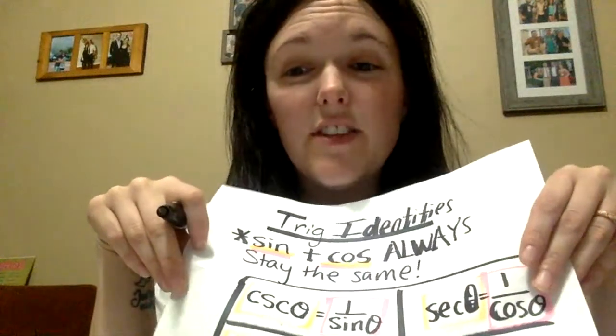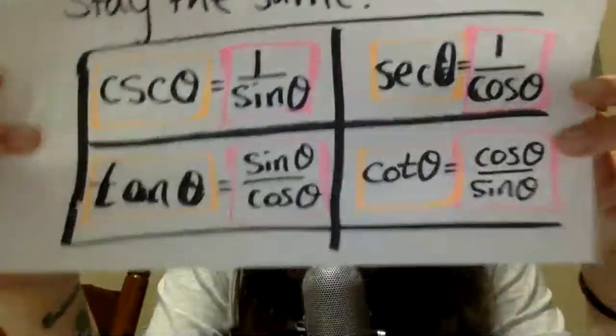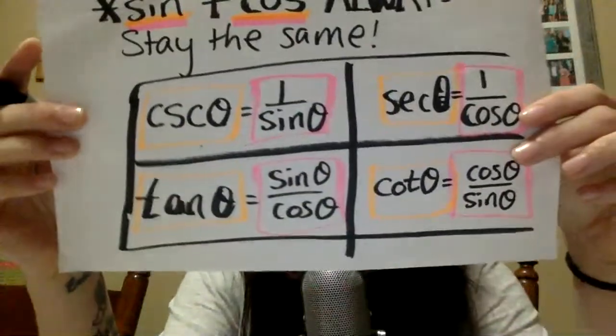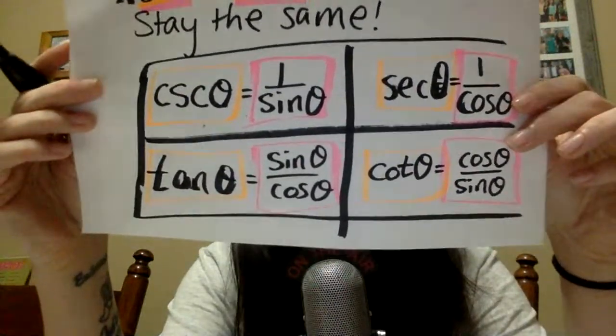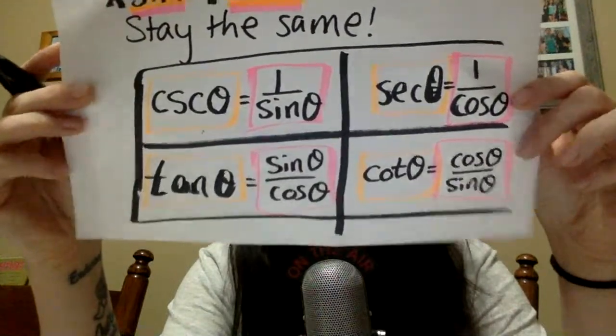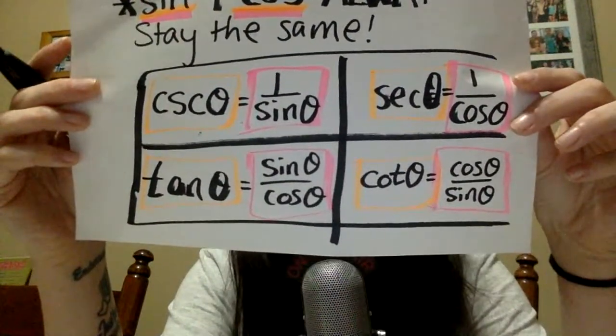What is the other identity for cotangent? C-O-T. What is the other identity for cotangent? Very good. So I'm going to rewrite that.